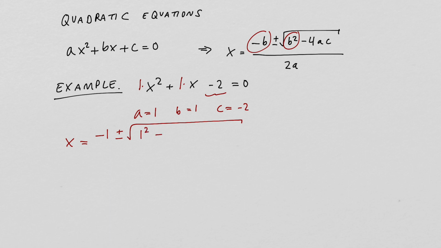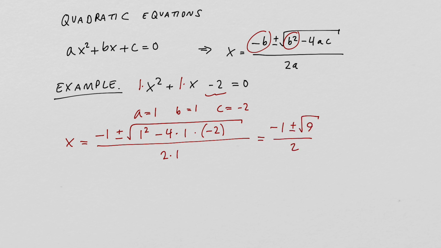Then minus 4 times a times c, a is 1, and c is minus 2. And in the end we need to divide by 2a, so we get 2 times 1. This time under the square root we get 9, and square root of 9 is 3.